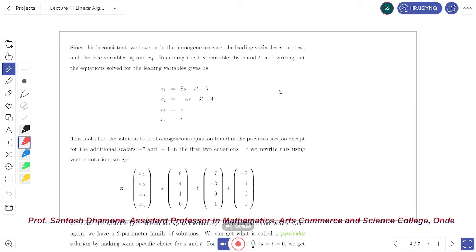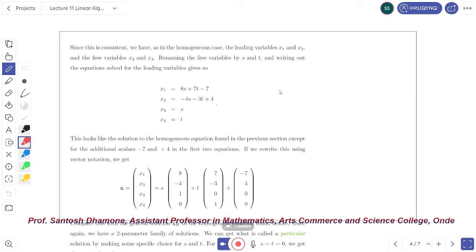Last lecture we solved the homogeneous system of linear equations and got this solution. But today we solve a non-homogeneous system of linear equations.